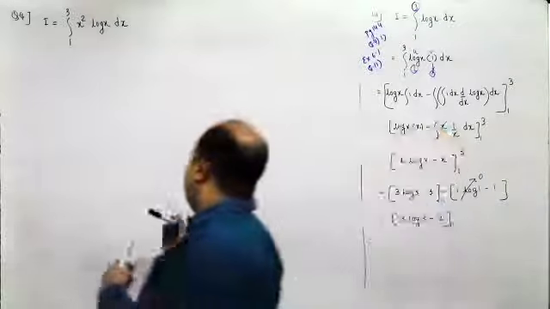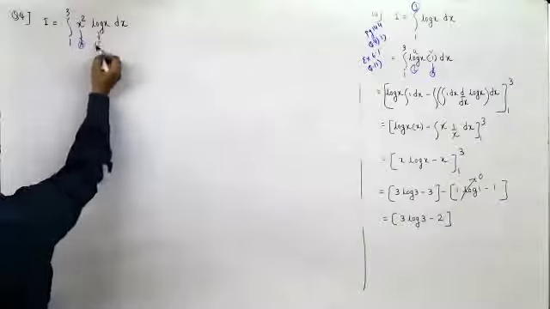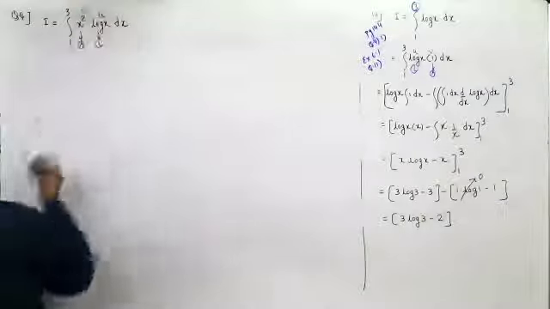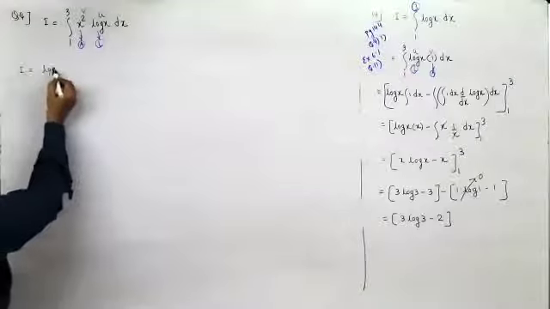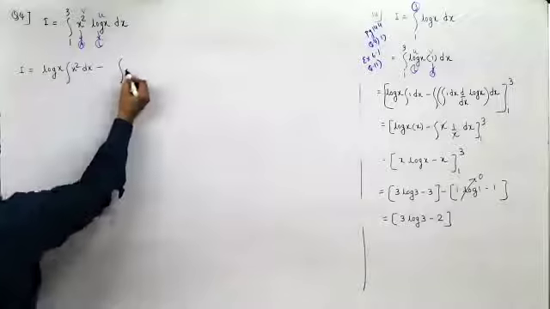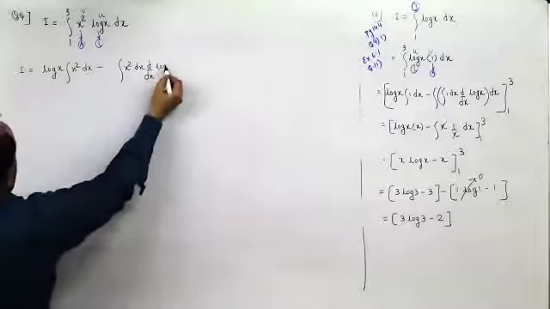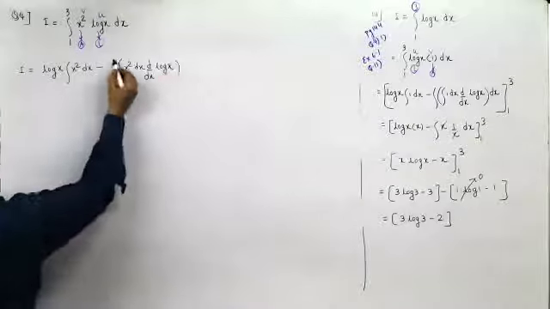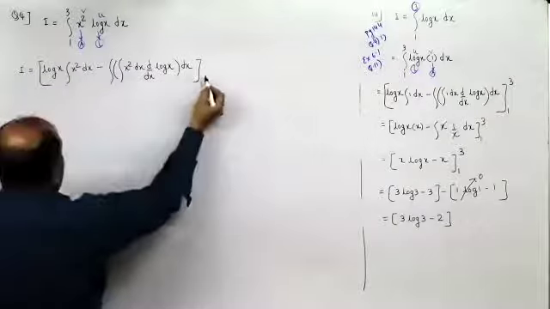This is algebraic, this is logarithmic. L should come first, so this is u and this is v. Now this would be I equal to log x, integration of x square dx, minus, repeat this term, into the derivative of log x. Then the product has to be integrated once again with respect to x between 1 and 3.